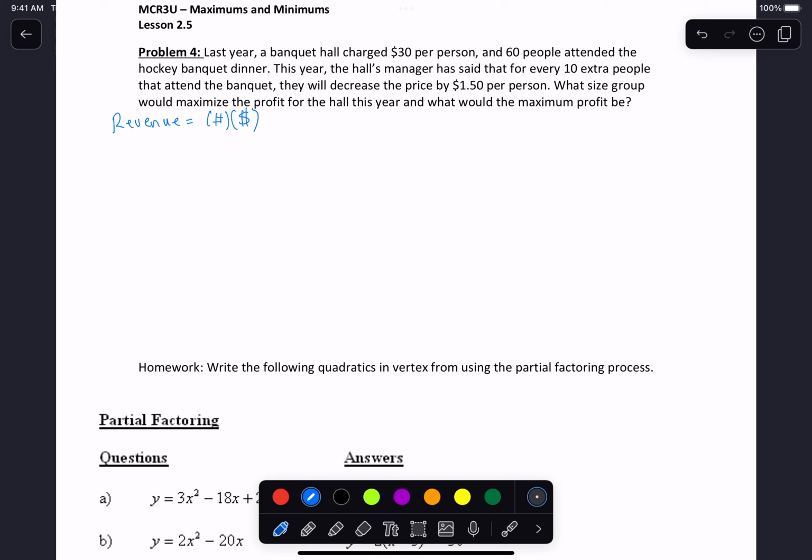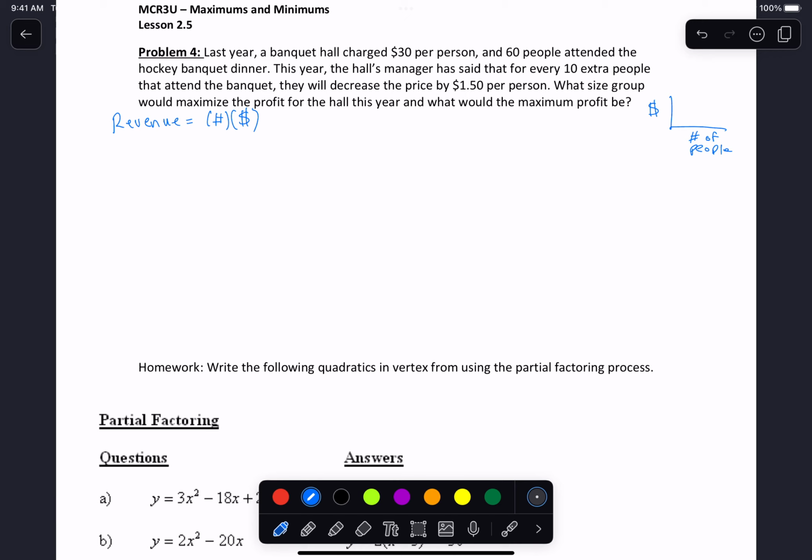That is the x portion of your vertex as well as the y portion of your vertex, right? If I was producing a graph, it would have the number of people on the x-axis, and money on the y-axis.